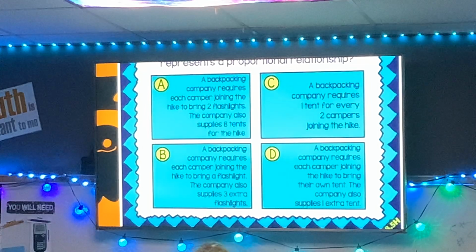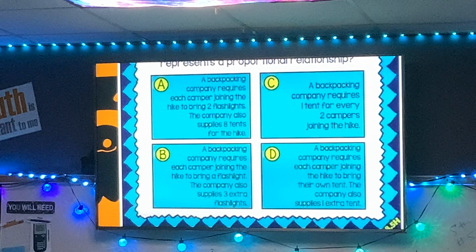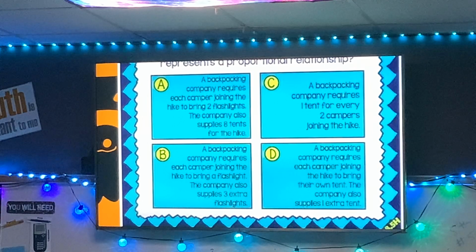Number 5. A backpacking company requires each camper joining the hike to bring 2 flashlights. The company also supplies 8 tents to the hikers. Aren't they giving them something? That would be adding to them. B. A backpacking company requires each camper joining the hike to bring a flashlight. The company also supplies 3 extra flashlights. They're giving them something.